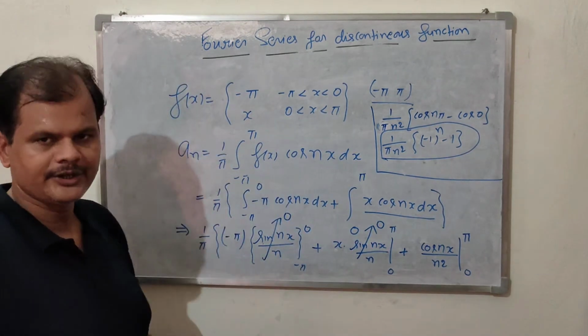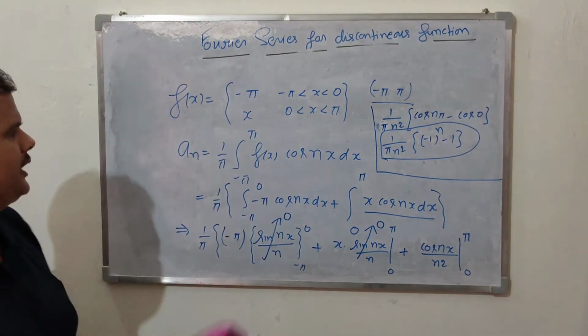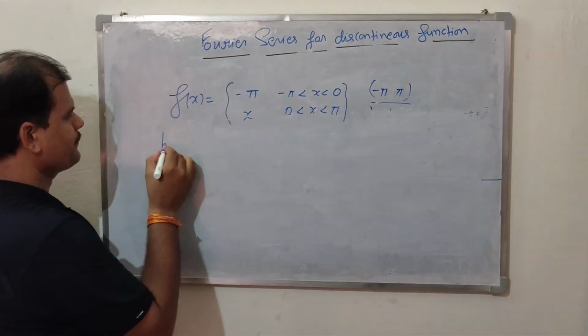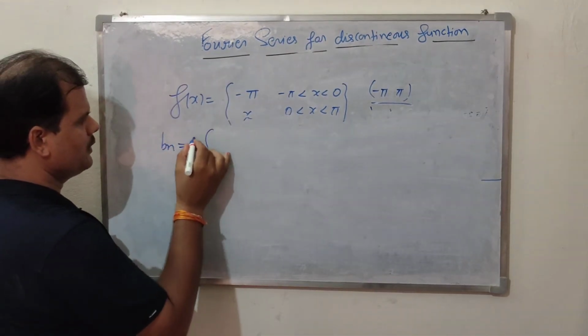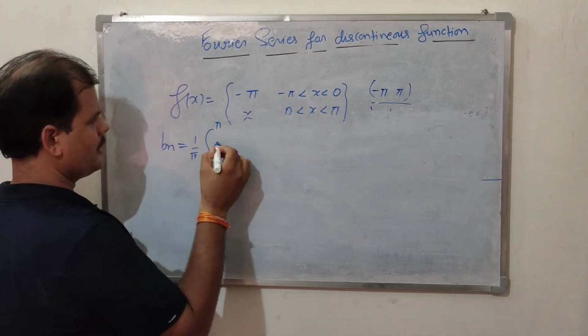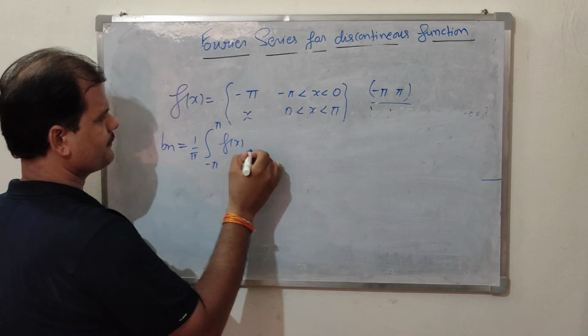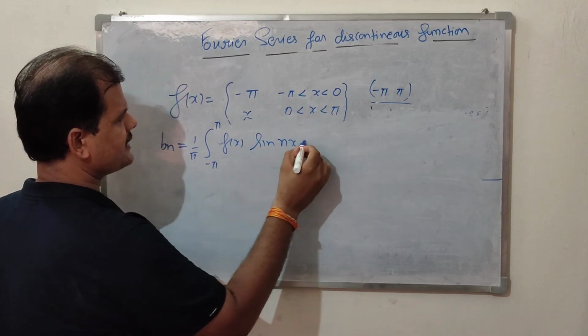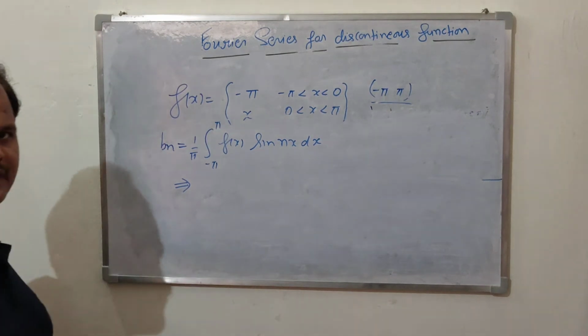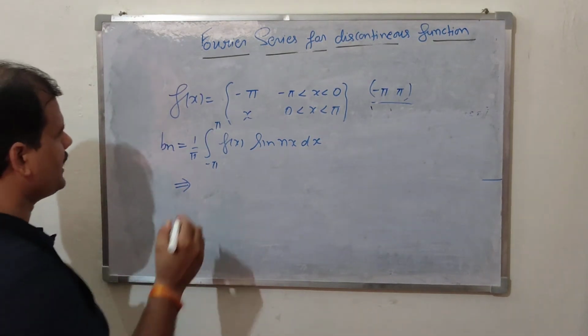Now let me try to find bn. So bn equal to 1 by pi, integral from minus pi to pi of f of x sin nx dx. Fine. Now since 0 is the point of discontinuity, you have to break at 0.